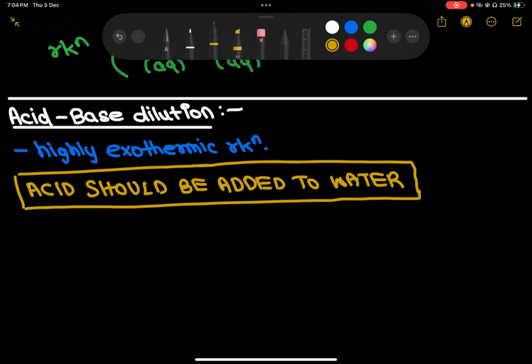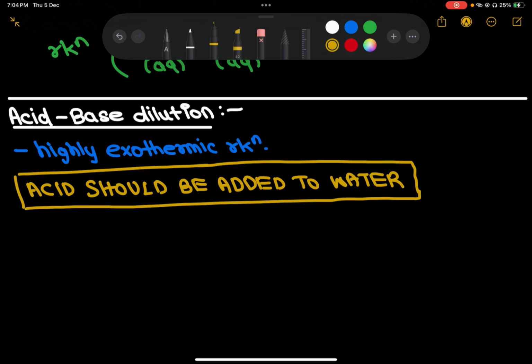The water absorbs the heat produced, so the heat does not make the mixture splash out or cause burns. That is why acid should be added to water with constant stirring. If you stir it, the heat will be distributed evenly in the water.